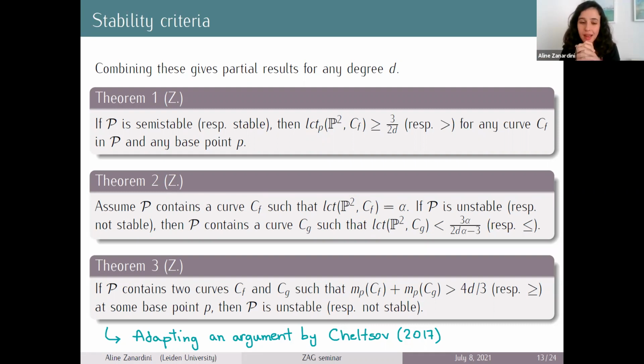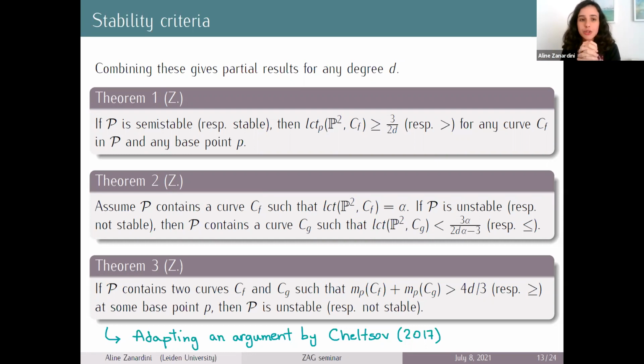And I have to mention that just for curves, this has appeared in a paper by Shah and Ozvin from 2017, and it is essentially the same argument. My only small contribution is comparing the omega for P with the omega for the curves, and then you get the bound that appears here.